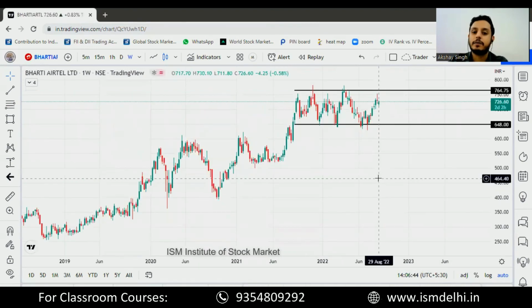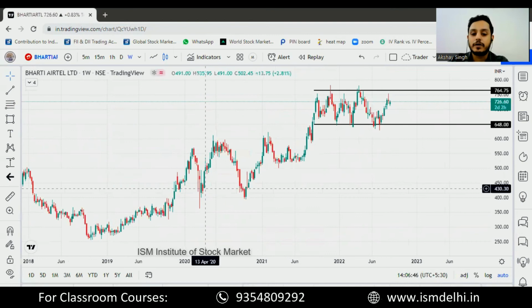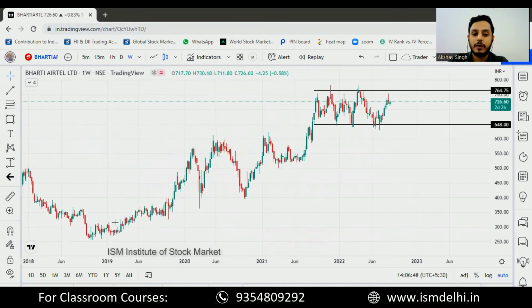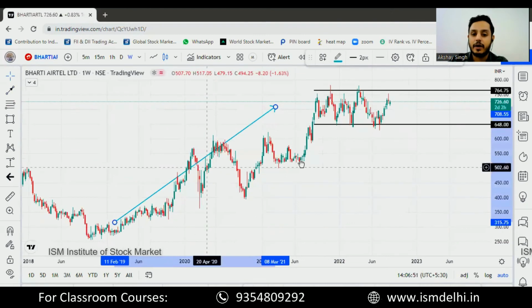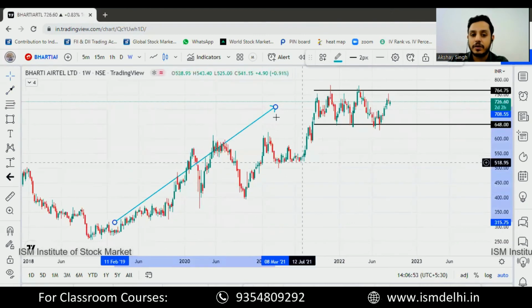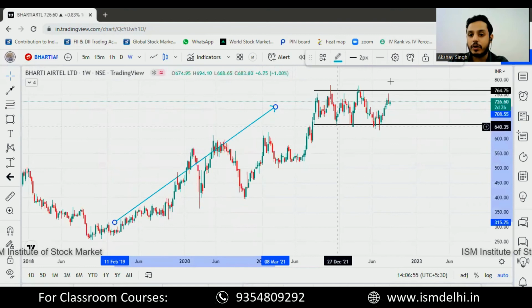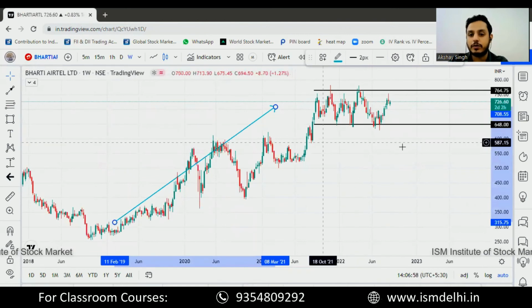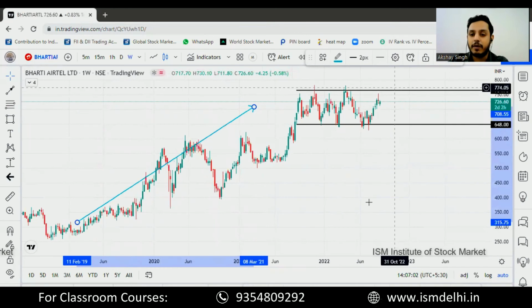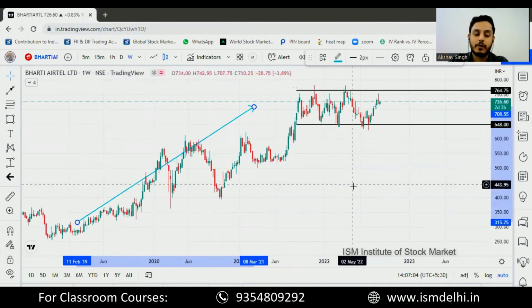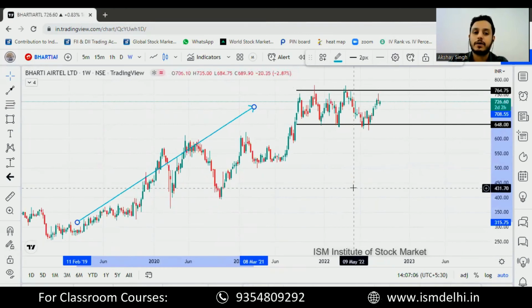You can see a similar setup, although this uptrend was not clear enough, but still it can qualify as higher highs and higher lows. Uptrend and then a considerable duration of consolidation, and then it might give a breakout. We can initiate long positions in Bharti Airtel.